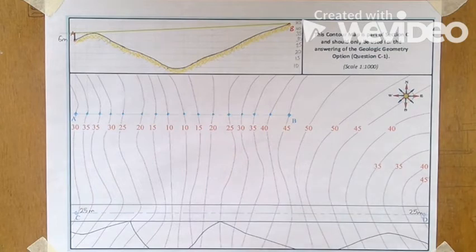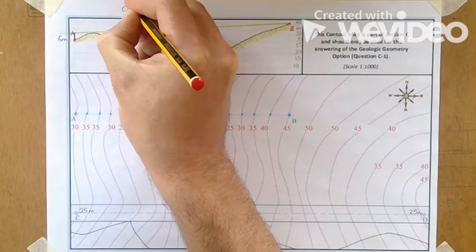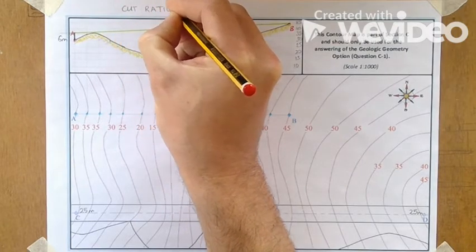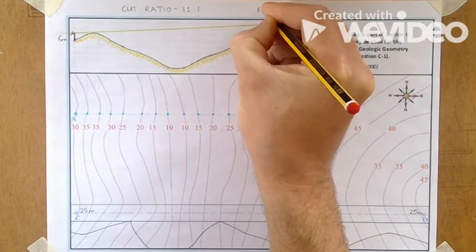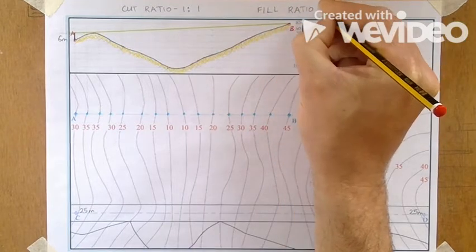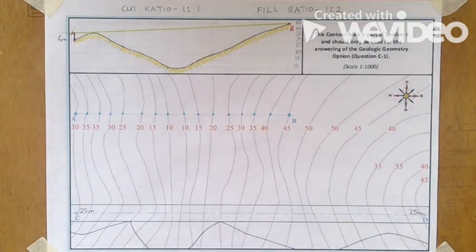So it says that our cut ratio is 1:1, and then the embankments, which is also called the fill ratio, is 1:2. Now, because our vertical interval is 5 meters, we need to multiply that number by a ratio.